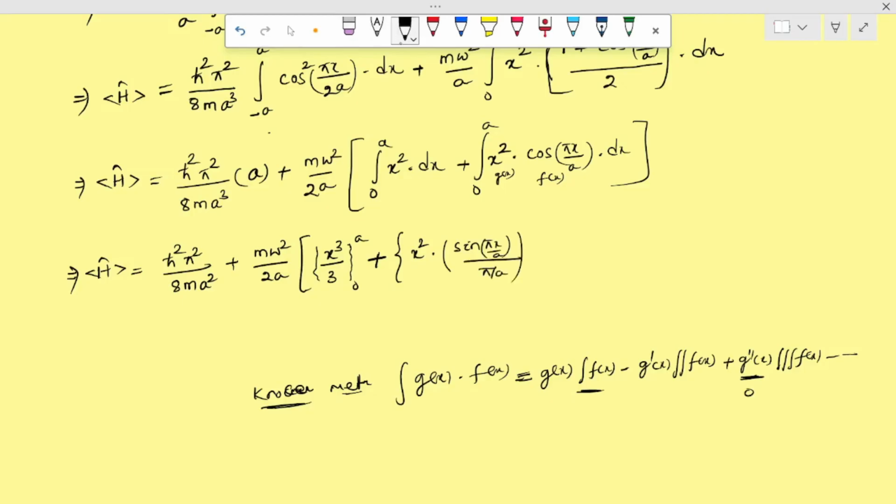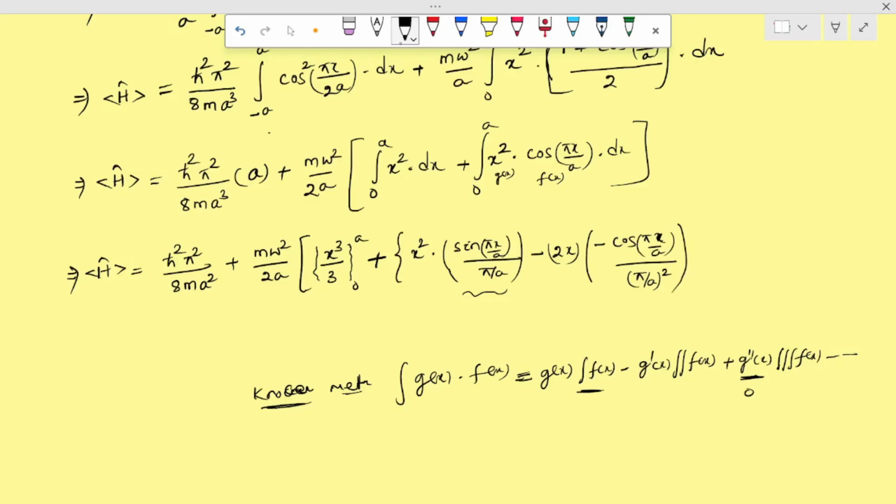Okay, then minus g dash x, which is 2x, then double integration of cos pi x by a. We already have the first integration value. If we do another integration, it will be minus cos pi x by a divided by (pi by a) whole square.